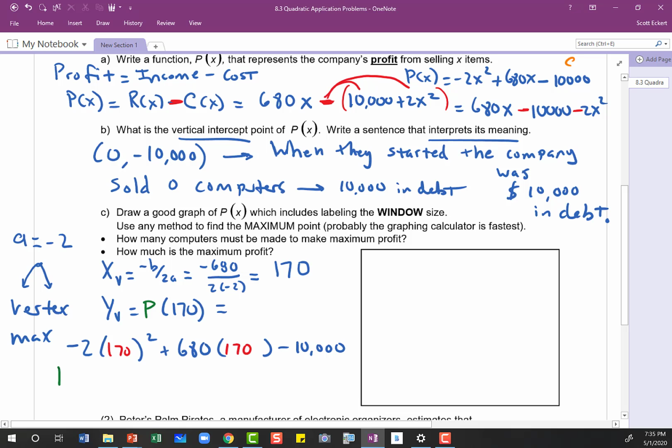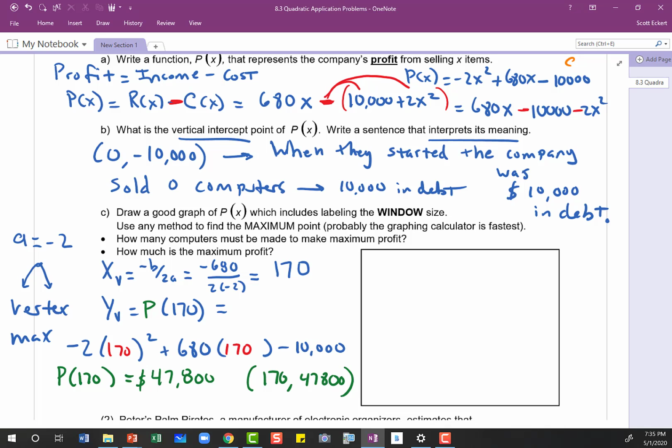So the profit of 170 computers turns out to be $47,800. So the vertex point is (170, 47,800). That's the vertex point.